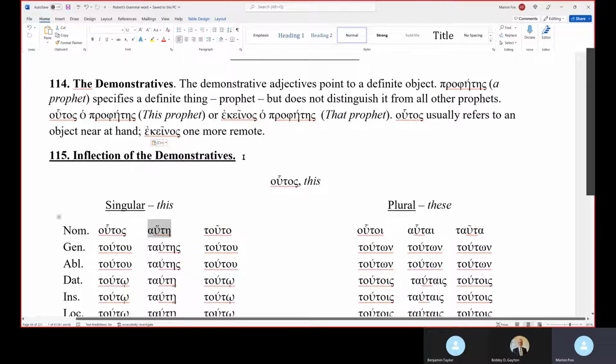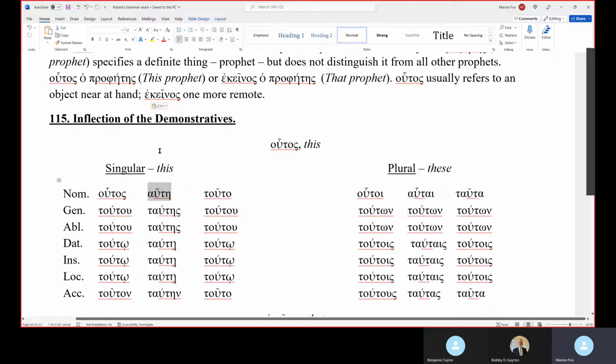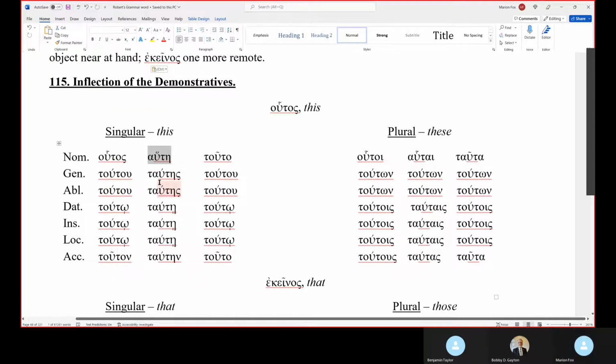So we can have this, that, houtos singular, or the forms houtos, touto, toutou, toutou, toutō, toutō, touton. You have nominative, genitive, ablative, dative, instrumental, locative, and then accusative. There's no vocative form. Now with the feminine gender, hautē, tautēs, genitive ablative, tautē with an iota subscript, and tautēn, accusative.